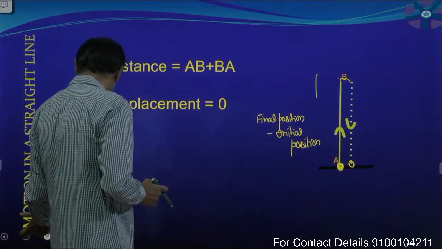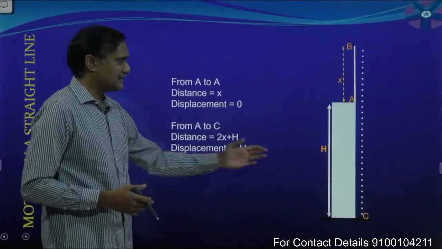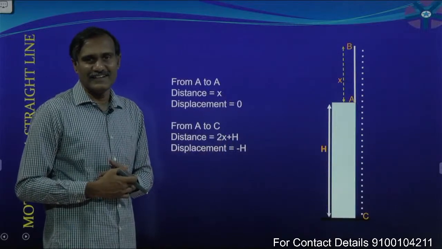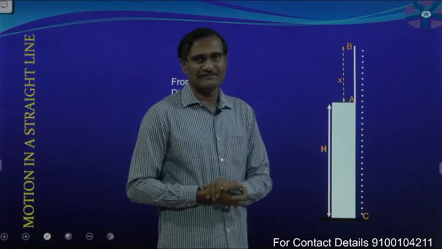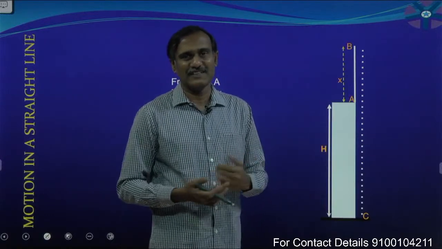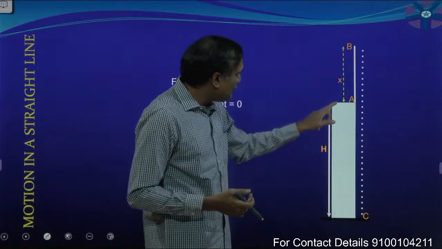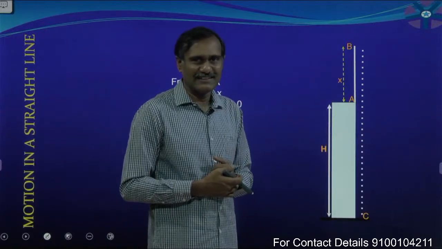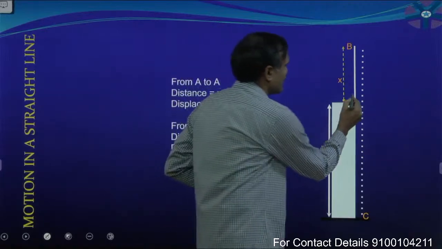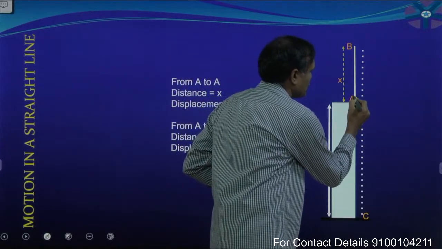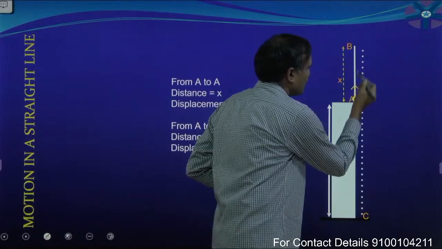Okay, next one, observe this. Here is another situation, let us assume it is a tower, some tower. From the top of the tower, a body is projected in the upward direction.